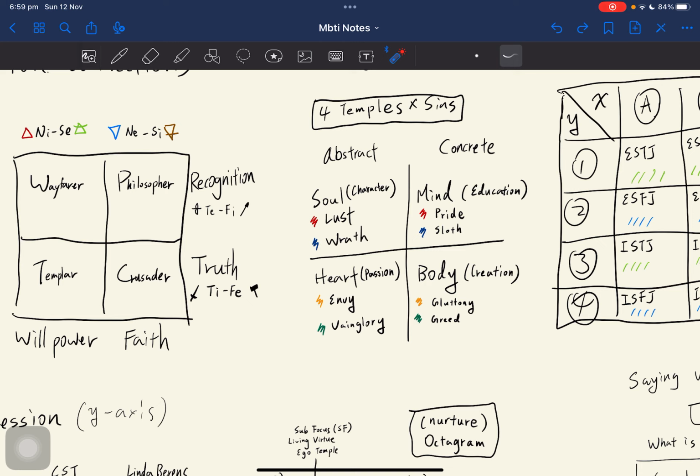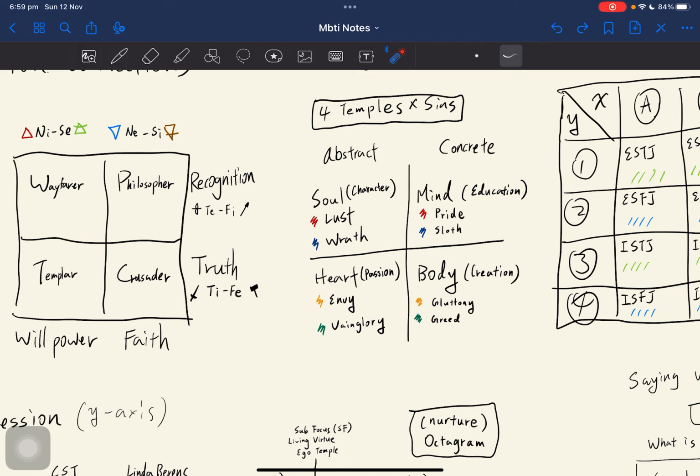So this is about the temples, and I don't know how to explain this properly actually, but for every soul, for every human, there's an origin of some kind, and they call that their temple origin.